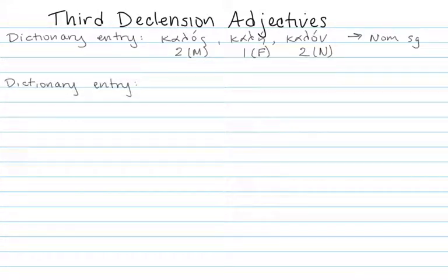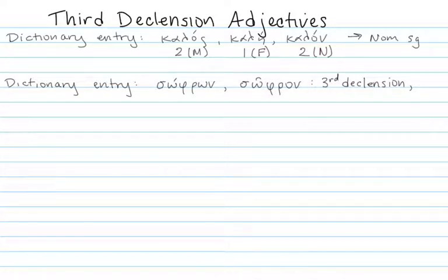Now we're going to see a new kind of adjective dictionary entry, which has got two parts, sophron, sophron, with omega nu in the first part and omicron nu in the second part. These are third declension adjectives, and specifically, if you've got two things in the dictionary entry, we call it a two-termination or two-ending third declension adjective, which means that there are two different sets of endings, one shared by the masculine and feminine, and the other is exclusive to the neuter.